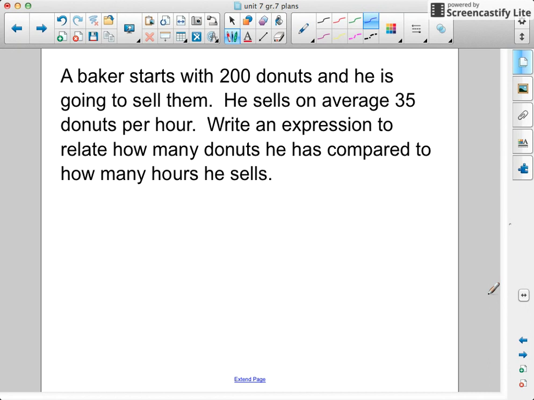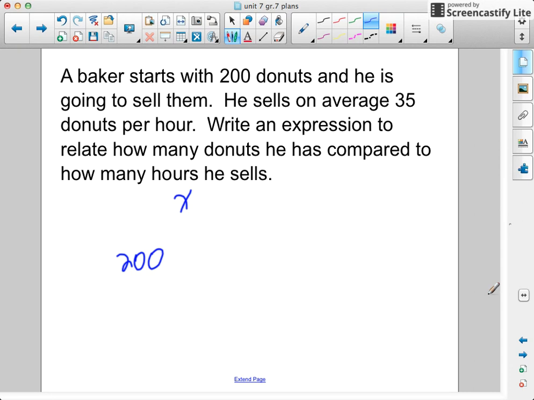Let's say a baker starts with 200 donuts. He's going to sell them. He sells an average of 35 donuts per hour. Write an expression to relate how many donuts he has left compared to how many hours he sells for. Well, let's make hours X this time, because often in math we use X and Y for variables. So he starts with 200 donuts. That's a starting point. He sells 35 per hour.